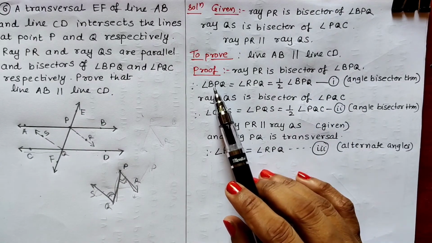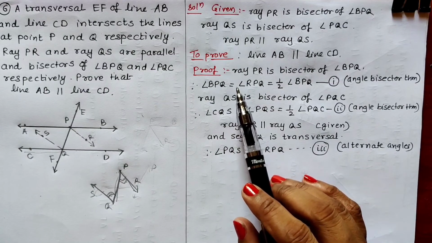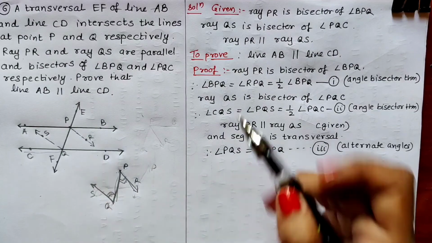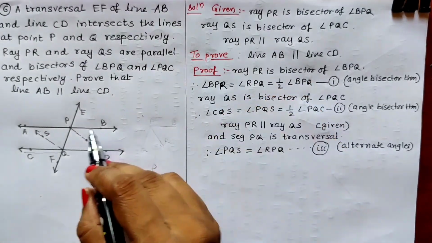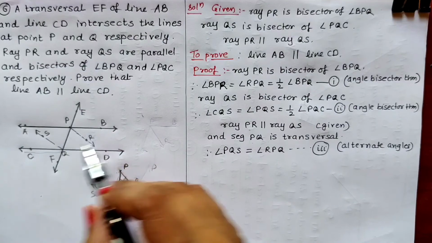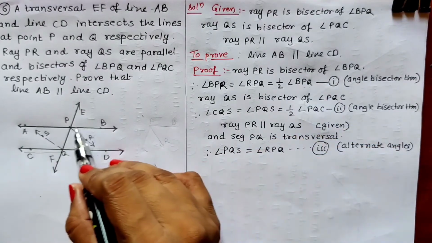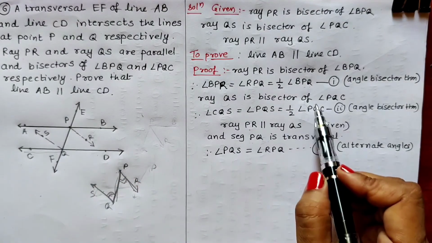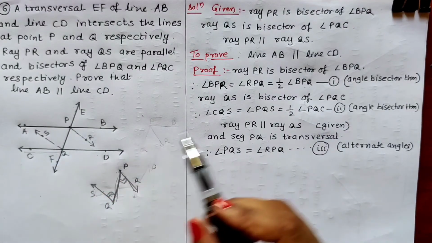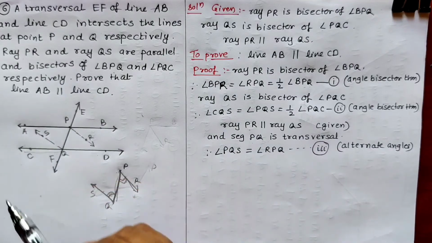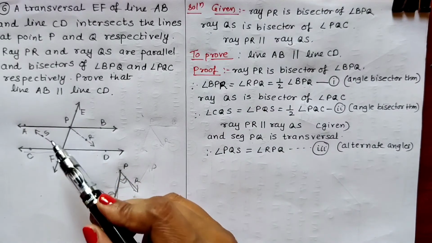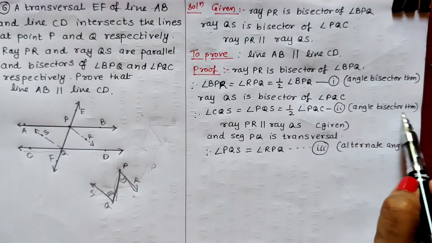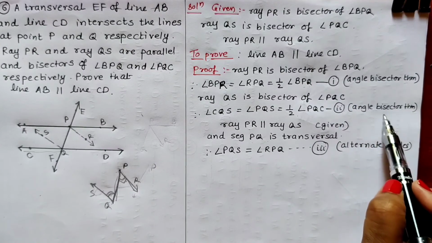Therefore we get two equal angles, angle BPR and angle RPQ, and they will be half of angle BPQ. Similarly, ray QS is bisector of angle PQC, and therefore CQS and PQS, these two equal angles, will be half of angle PQC. And the reason for both these statements is the angle bisector theorem.